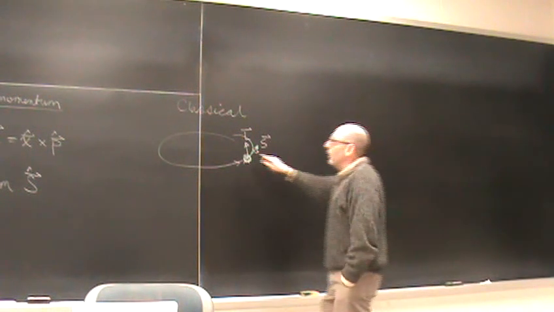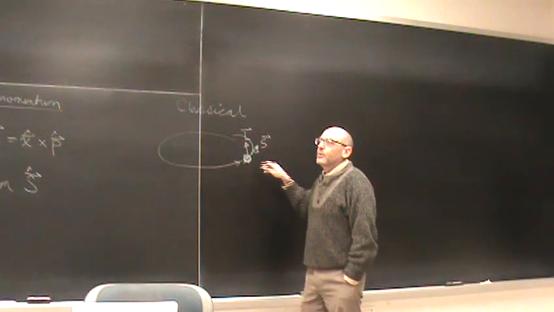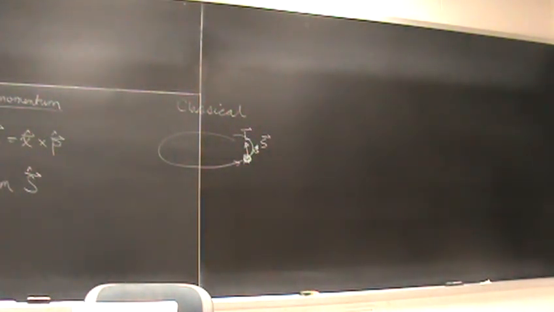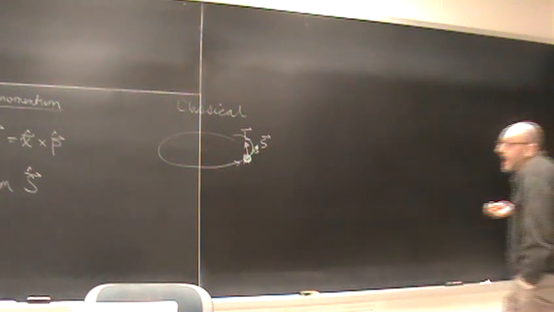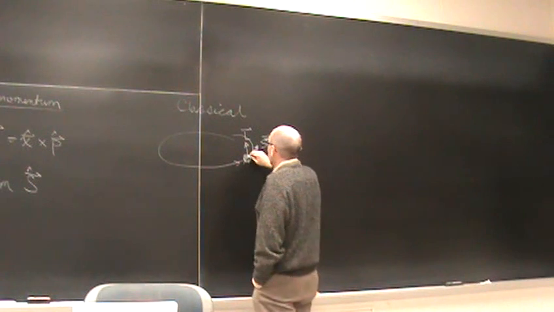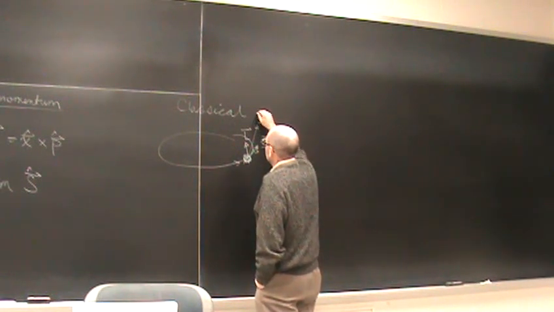To properly treat the rotational motion of this body, we have to add angular momentum. And classically, angular momentum just adds as a vector.